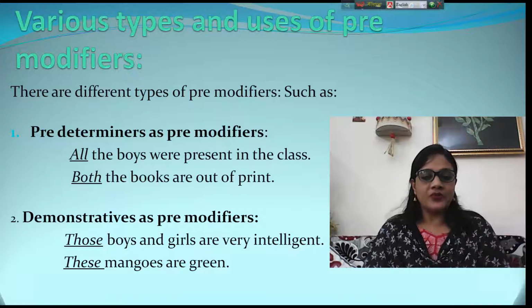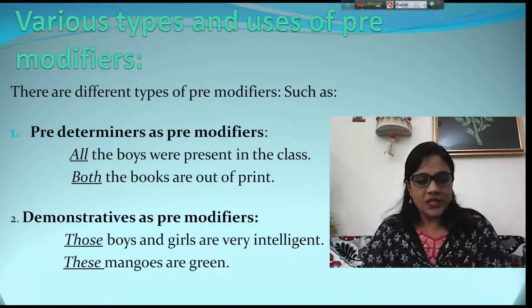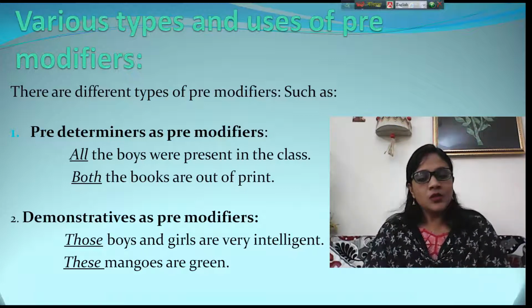Then demonstratives as pre-modifiers. We know demonstratives: this, these, those, that. Those boys and girls are very intelligent.